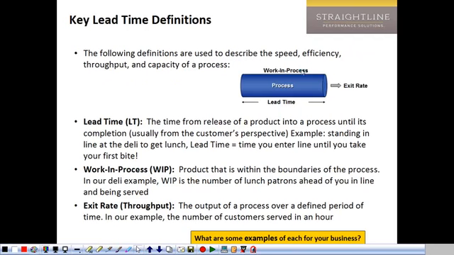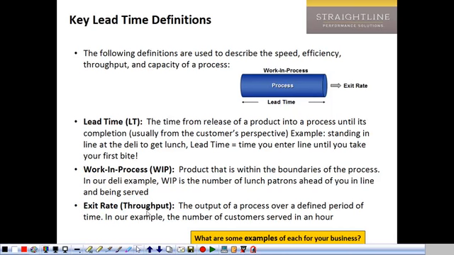Here are some examples, with some definitions that we're going to put in as we cover Little's Law. In order to understand Little's Law, we'll need to understand lead time and work in progress and throughput and how all those things are related to each other.